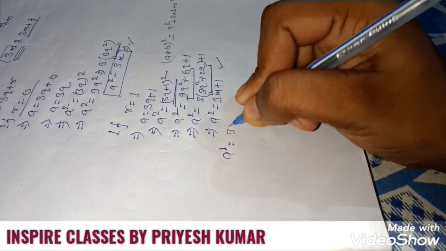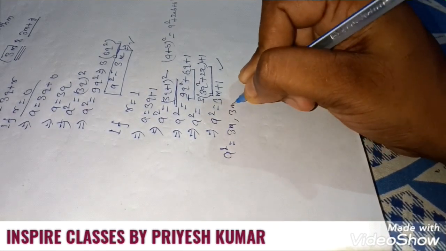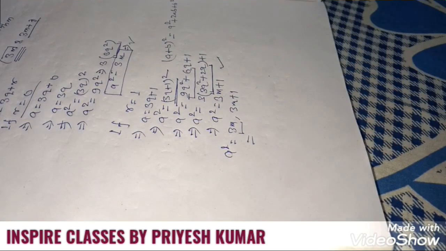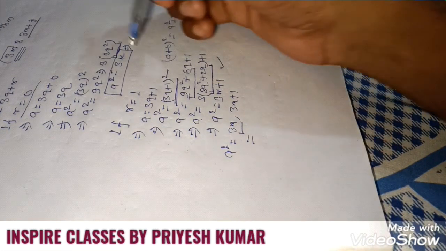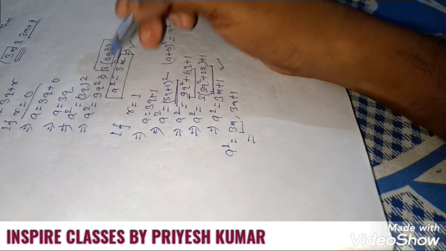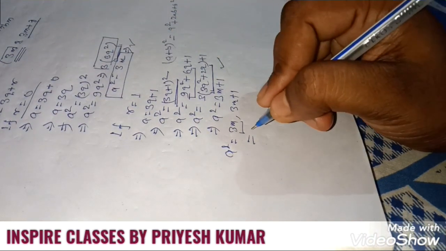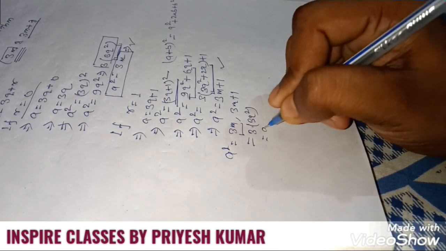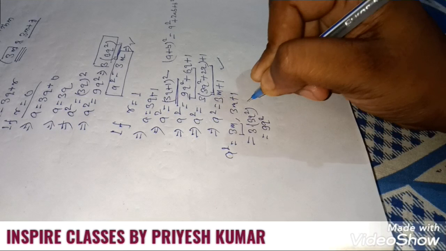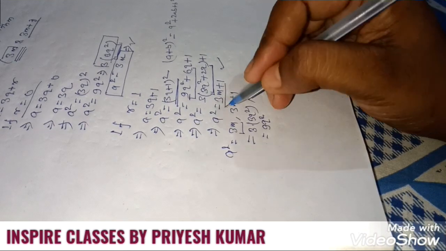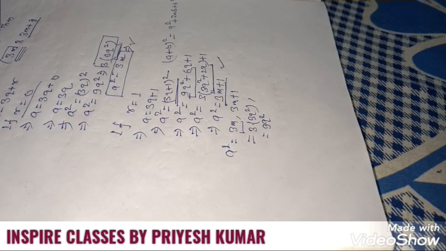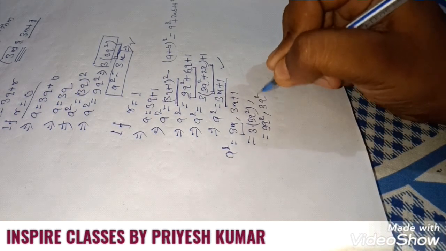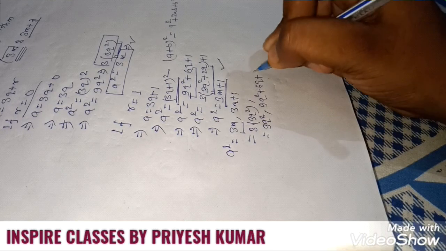a square is equal to 3m or 3m plus 1. 3m is the shortest form because it was in the form of 9q square, that was written as 3 into 3q square, that means 9q square, and 3m plus 1 was the shorter form, but the expanded form was 9q square plus 6q plus 1.